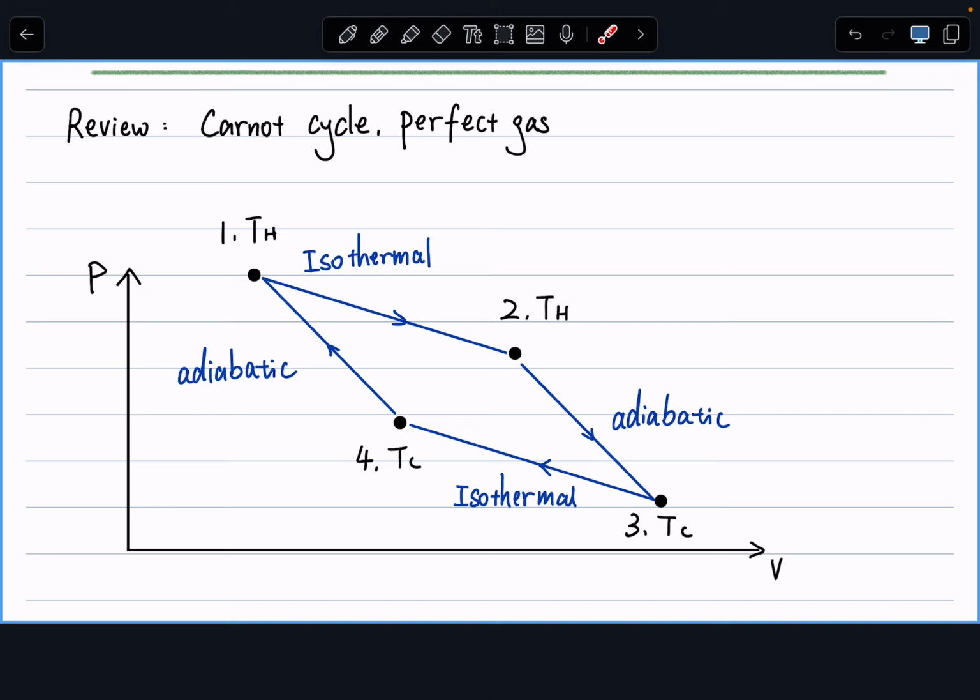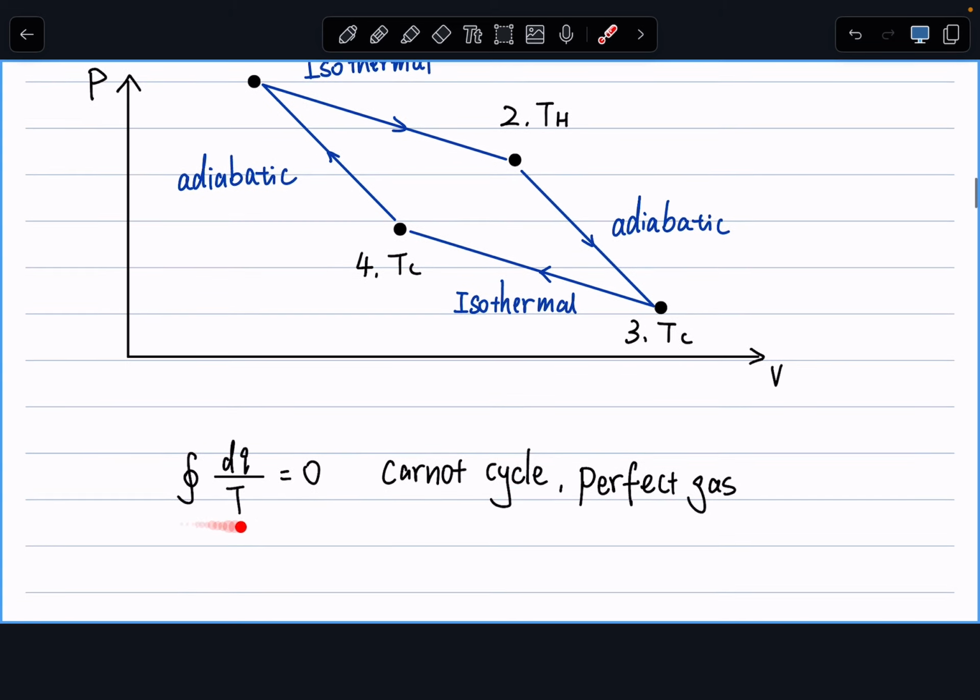In this process, do we know what the sign for work is? What is the sign for heat? How does delta U change for every step along the way of the Carnot cycle? With that in hand, we went over the process and used a little bit of calculus to find out that throughout the Carnot cycle, the integral of dQ over temperature is 0.